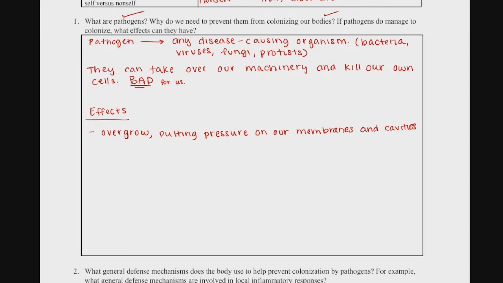So they overgrow. They can put pressure on our membranes and cavities. An example of this is if there's a disease in the ear, like an ear infection, eardrums can rupture from this kind of pressure. And another example is within the sinuses.